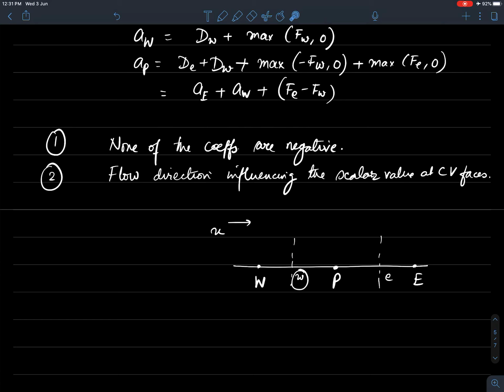Now what we are saying is that if the flow has a large convective conductance, then the value at this face W should be more influenced by the value prevailing at the node W. The same way for face E, where the value of the node P should have a higher influence on the value at this face E rather than the value at node E.